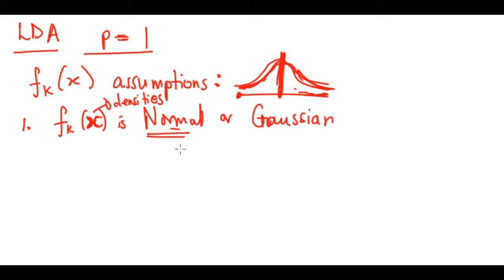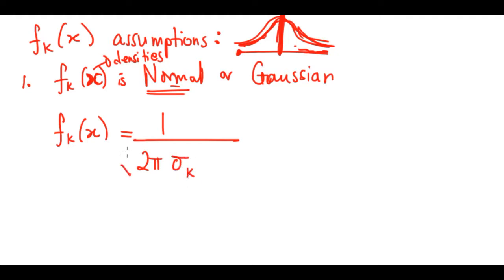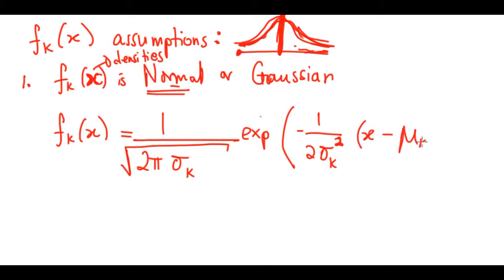And if they are normally distributed in a one-dimensional setting like we have right now, then our f_k(x) takes this form: 1 over square root of 2 pi times the standard deviation of that class, multiplied by the exponent, e to the power of minus 1 over 2 times the variance, times x minus the mean of that class, squared.